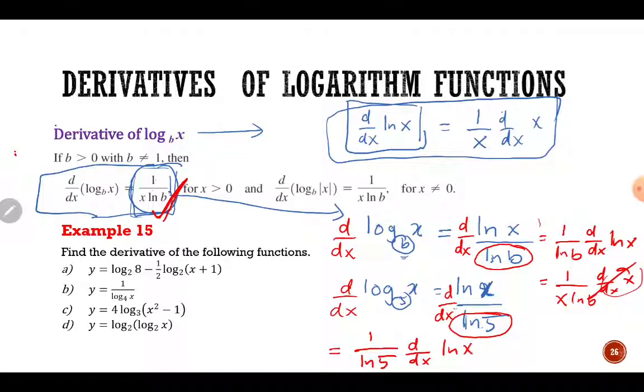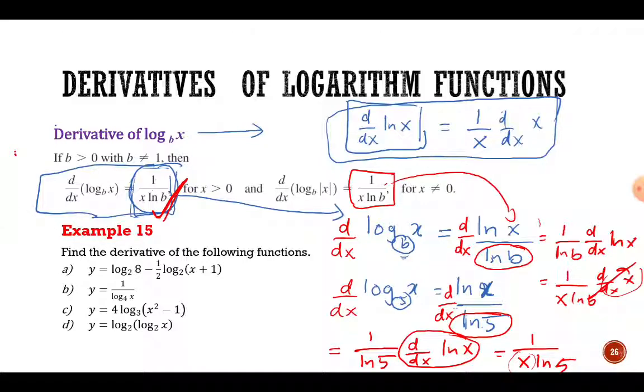So jawapan kita akan dapat 1 over x ln 5. Okay, mana dapat 1 over x ni? Sebab kita differentiate ni. Boleh faham? Okay. So, inilah asal usulnya macam mana dia boleh keluar macam ni. Yang penting you all tahu macam mana nak tukar base of the logarithmic.